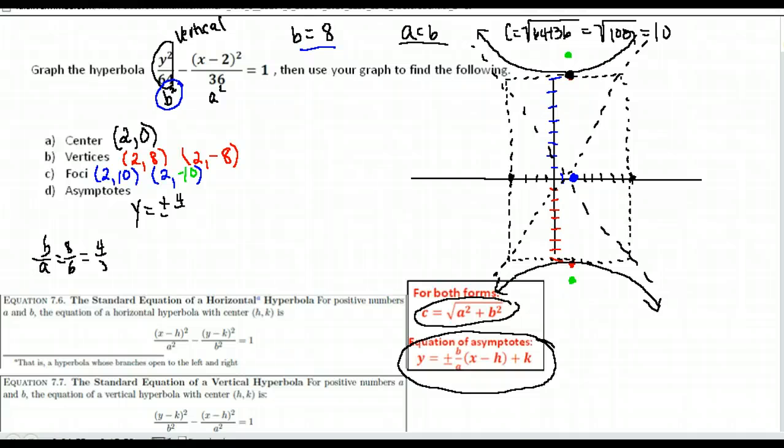So plus or minus 4/3 times (x minus the x coordinate of our center), plus the y coordinate of our center, which is 0. You don't need to put that 0 on there. I just put it on there as a marker so you wouldn't forget that part. Okay, so I've graphed this hyperbola and I've identified each of its parts.